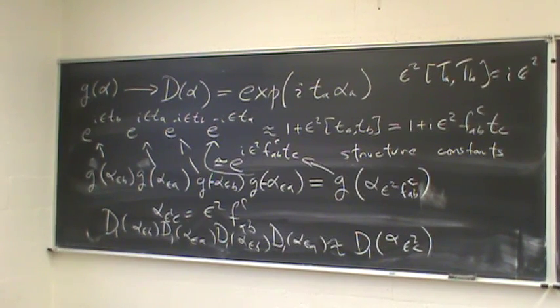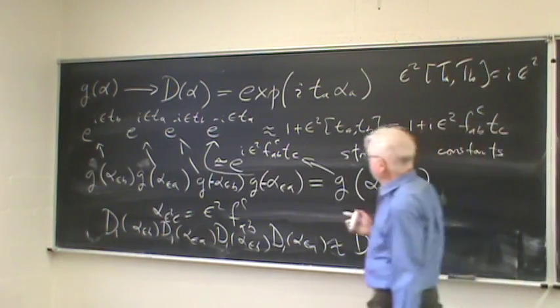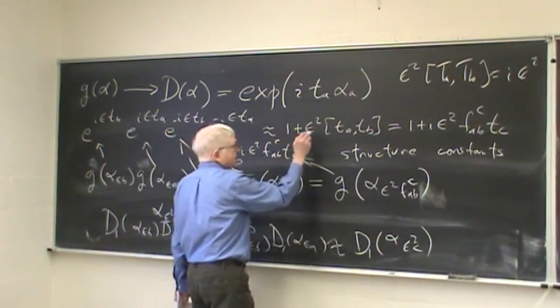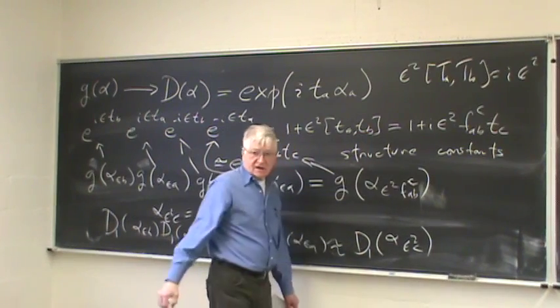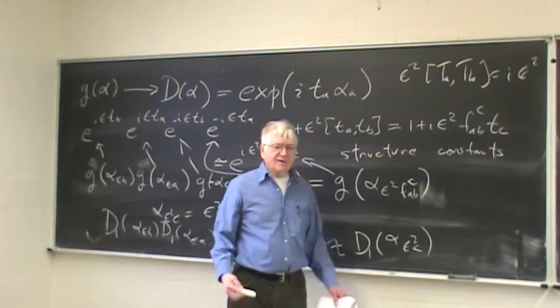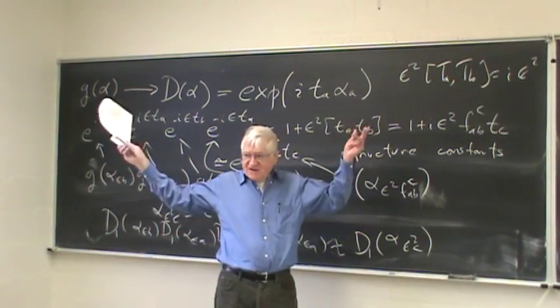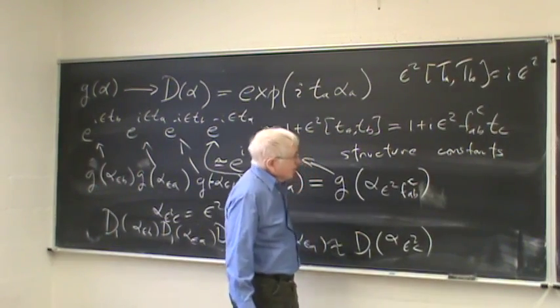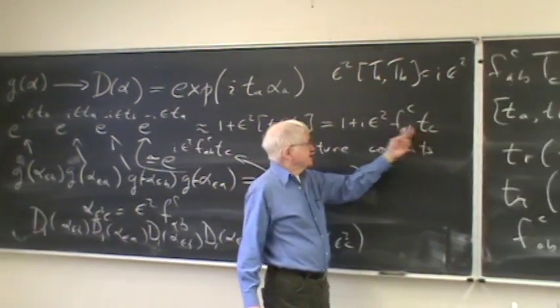Is the minus i there to deal with eventual sign issues, or does that come in there naturally? The minus i, what happened here is, you see, this thing is 1 plus epsilon squared T_a T_b. And we conventionally, because we're in a physics department with this fetish about Hermitian generators, write it this way, T_c with an i.